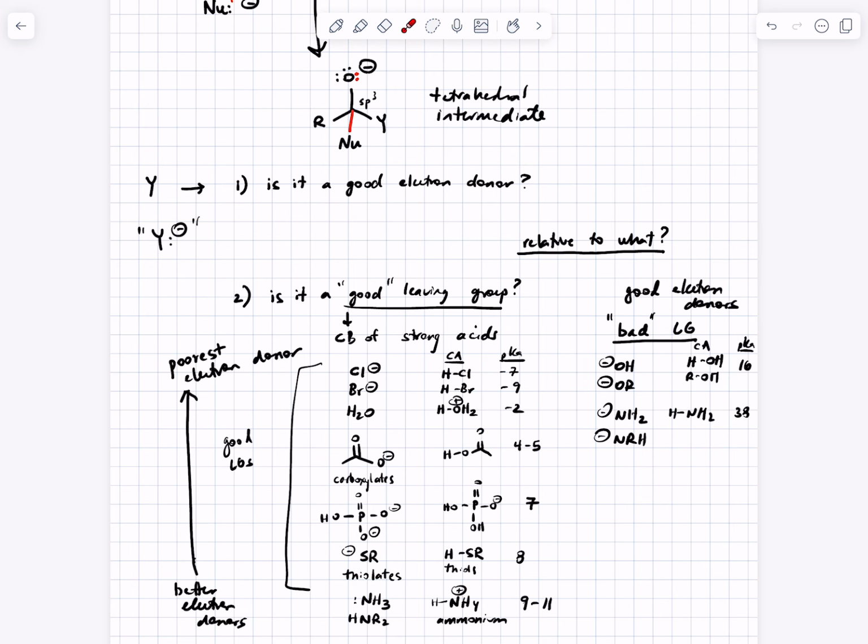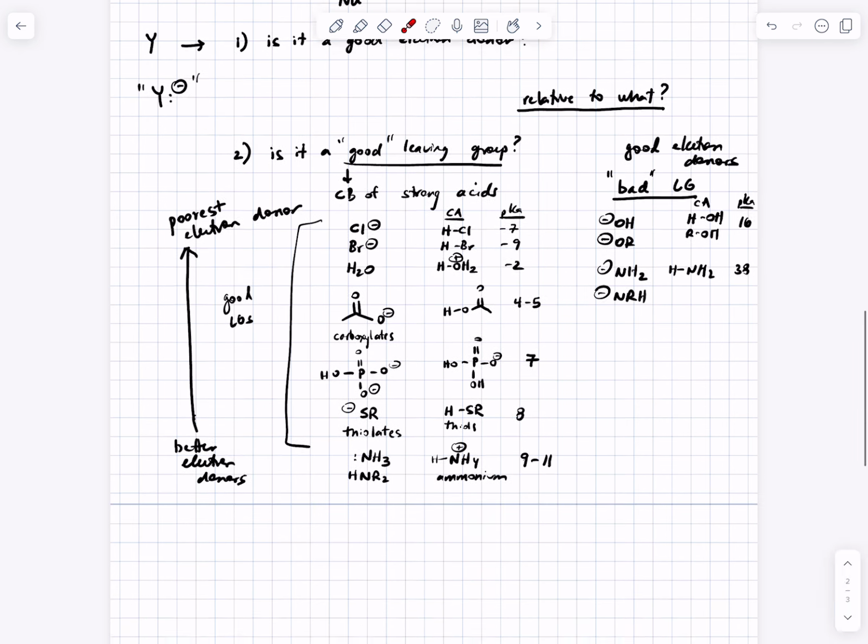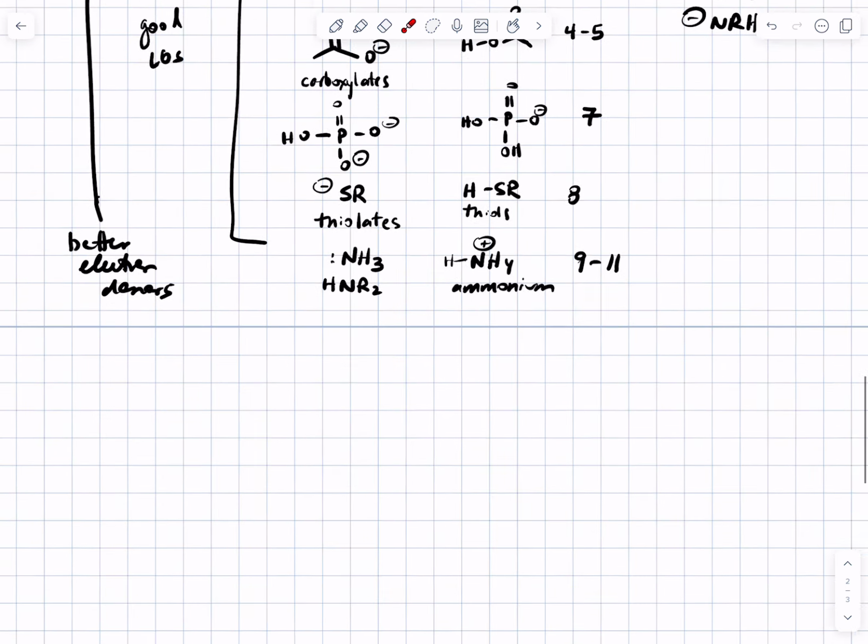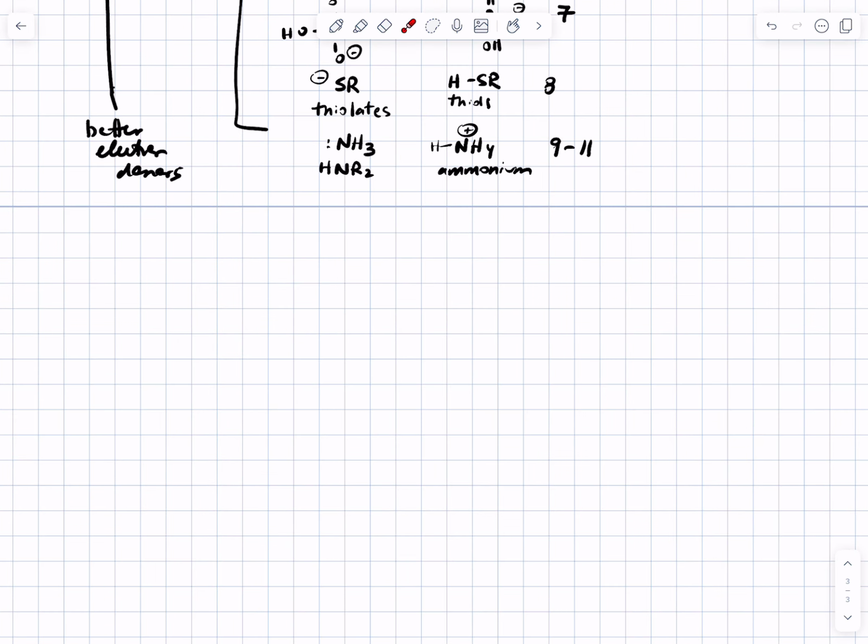Okay? You can use these considerations to rank carbonyl compounds in terms of reactivity. Let me give you an example in the last couple of minutes. I'm going to introduce an actual organic compound. Two different kinds of organic compounds.